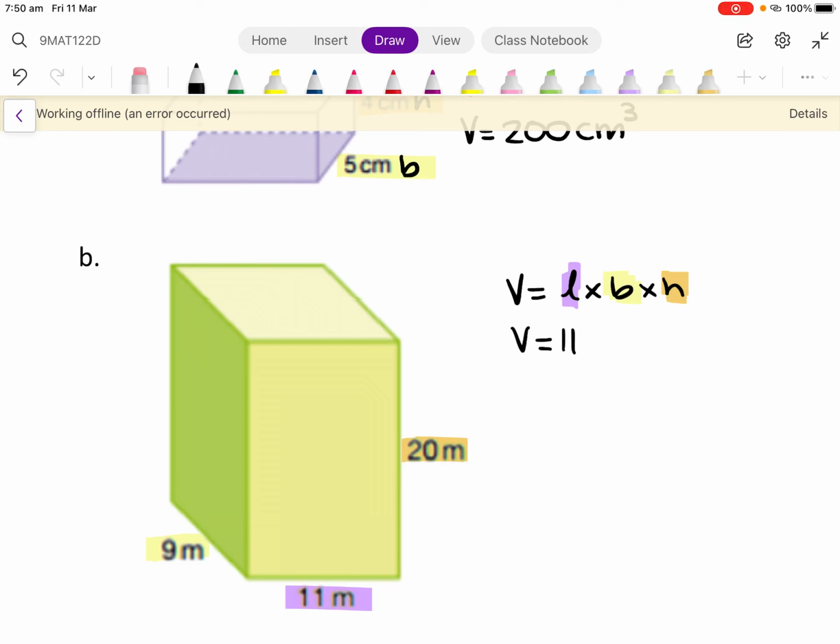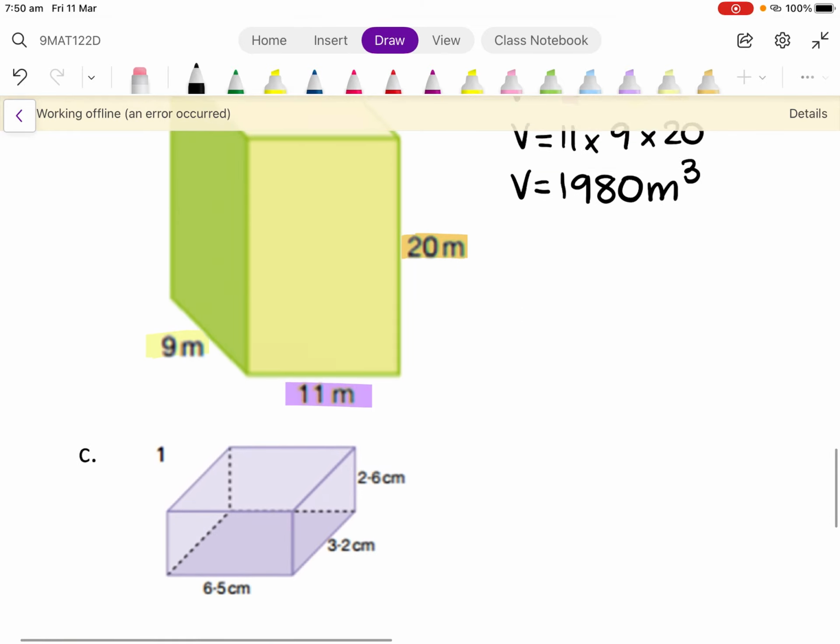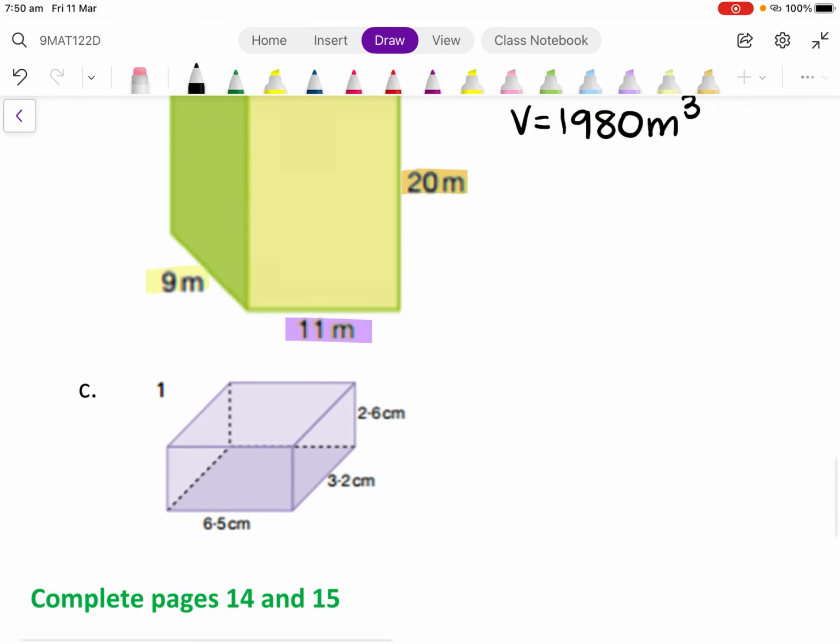So we get V equals 11 times our base of 9 times our height of 20. Put that into your calculator, 11 times 9 times 20, and we get 1,980 metres cubed.